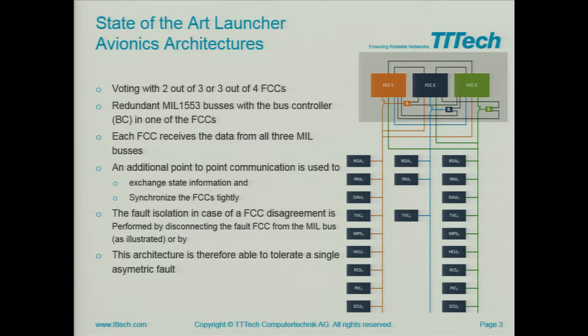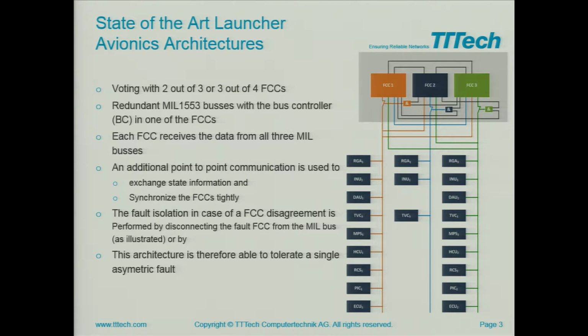And you add a high-speed data communication, because if one of these flight control computers fails, then if it needs to recover, you need to copy the state information from one to the other. Therefore you need an additional communication, because typically the MIL-1553 bus is not capable of that because of performance, and you do not want to keep the fault containment in one bus line and do not want to copy it over.